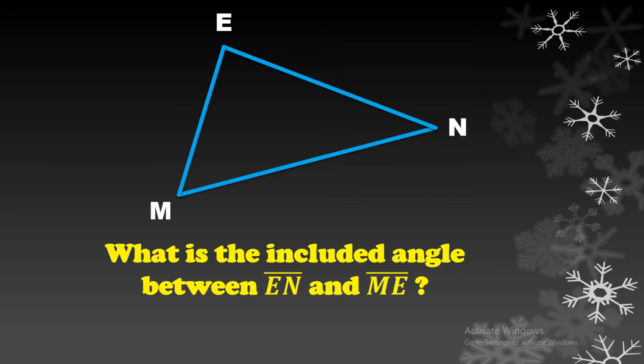Next, what is the included angle between segment EN and segment ME? Okay, segment EN is here. Segment ME is here. So the included angle is angle E. Have you noticed the pattern? Can you name the included angle even without the figure?